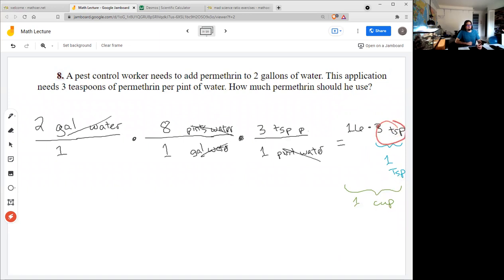So I don't want to hide that. I just want this to become tablespoons. I can write over it 1 tablespoon. And also 16 tablespoons is a cup. I know that from my kitchen experience. So my overall answer is a cup. And if I had multiplied 16 times 3, it would not be as easy to see that.